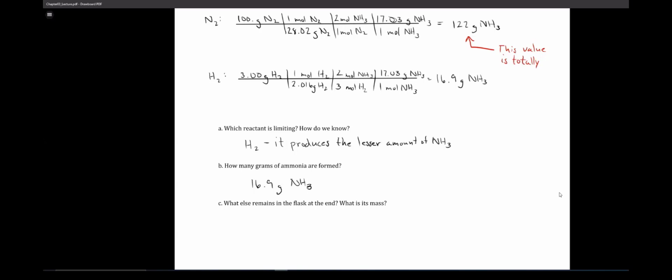it's totally hypothetical. Unless we change the circumstances of the problem, then you might find a way to use it. So you could use this to go back and say, well, if I did want to make this much ammonia, how much hydrogen do I need? So this is a fantasy land value.